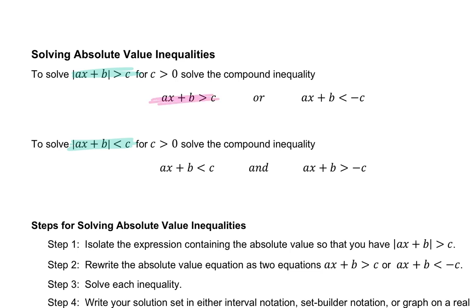That didn't change. But when you do your negative side will change. Not only do you get the negative c, but you have to also flip the inequality. So the positive side will stay the same: ax plus b is greater than c, or ax plus b is less than c. But when you do the negatives, they will flip.